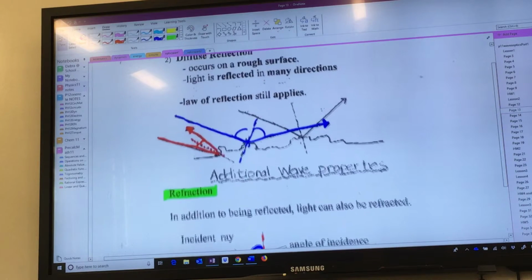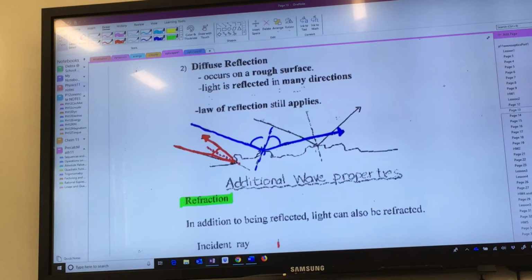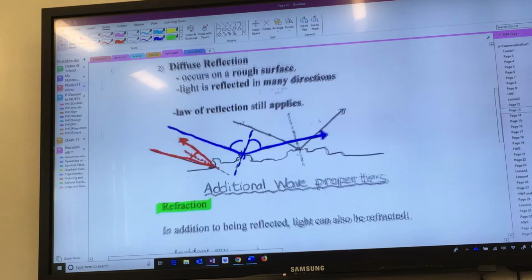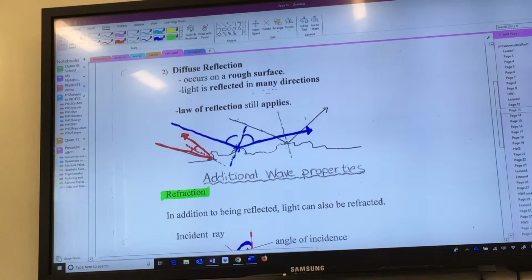Now, some of these are interesting practical applications. When you have light hit any surface, it always bounces off with that same angle. But what happens is, if you make the surface, and I tried to exaggerate this on a molecular level, really rough, when the red light ray comes in, it hits down here somewhere, and when it bounces off, those two angles are the same, but it's coming back up.